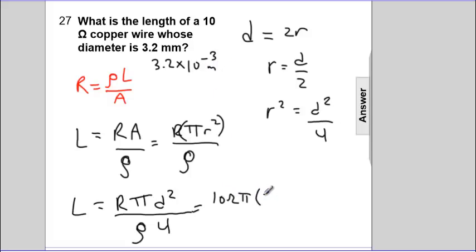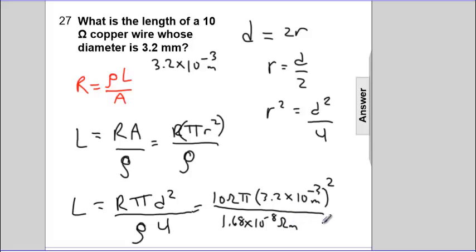So we'll write that. 3.2 times 10 to the negative 3 meters, quantity squared, divided by the resistivity, 1.68 times 10 to the negative 8 ohm meters, times 4.